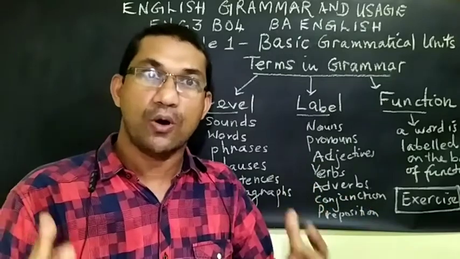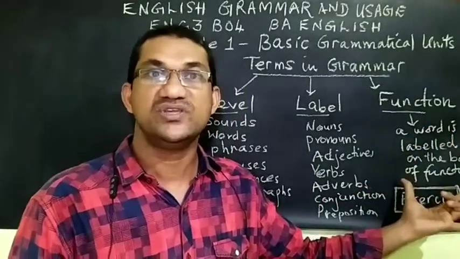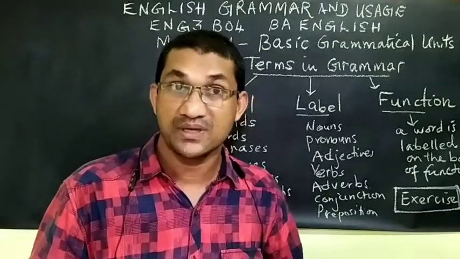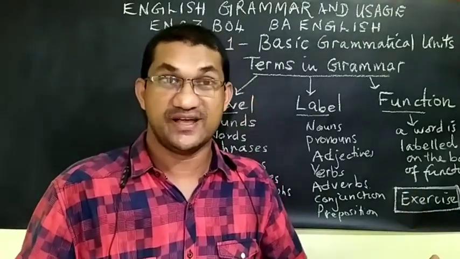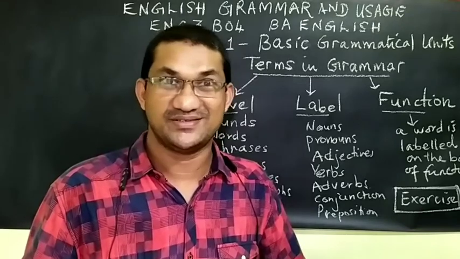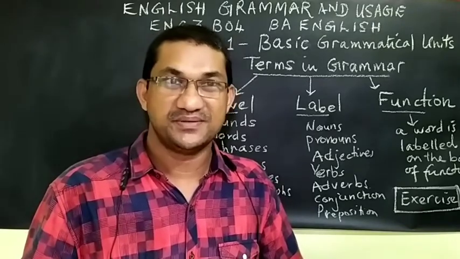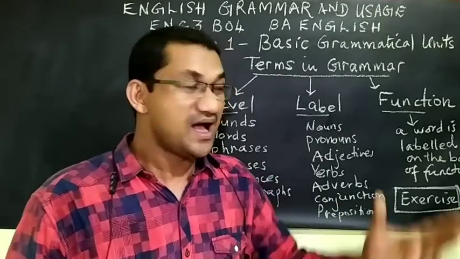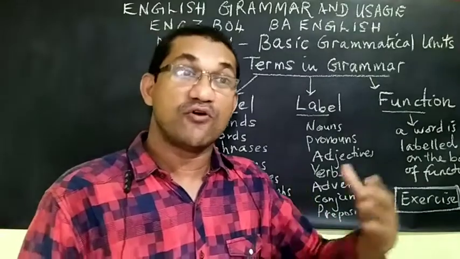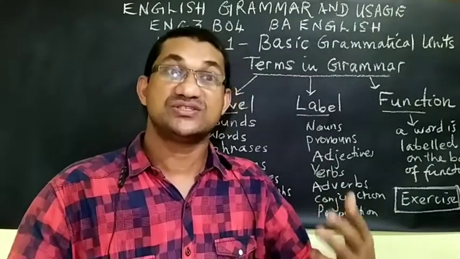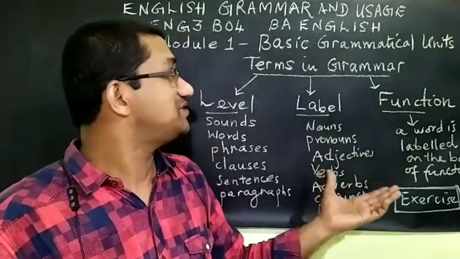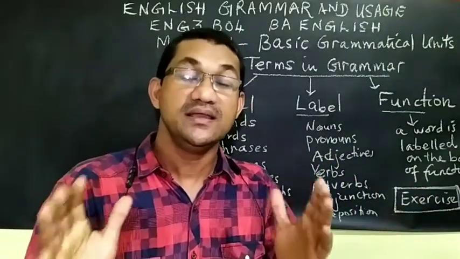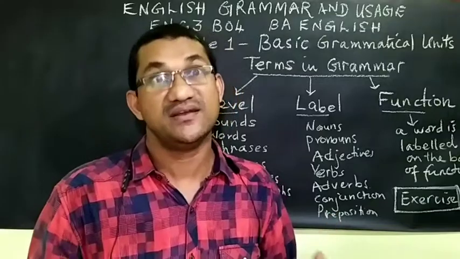Based on the functioning of the elements or terms of grammar, we call them subject, object, verb, predicate, noun phrase, etc. Now we are going forward to understanding these grammatical terms, the basic units of grammar, in different sentences.